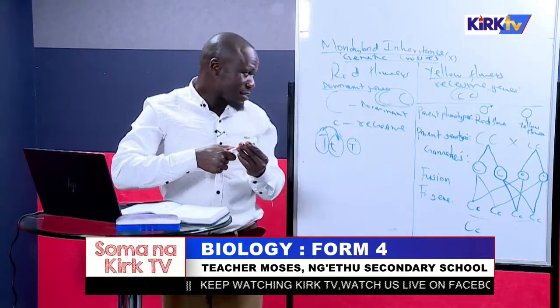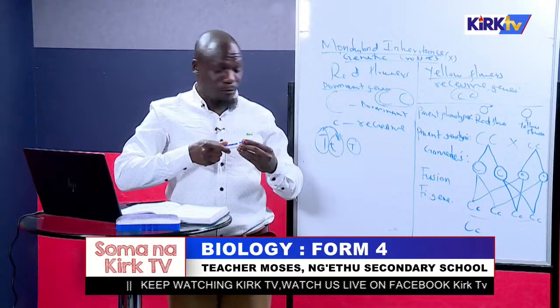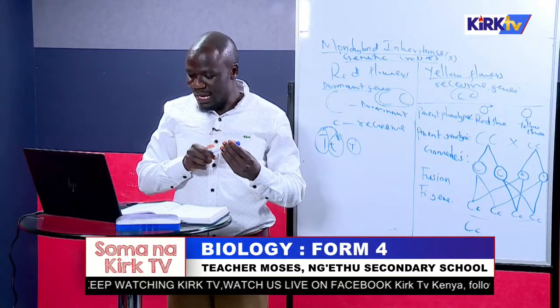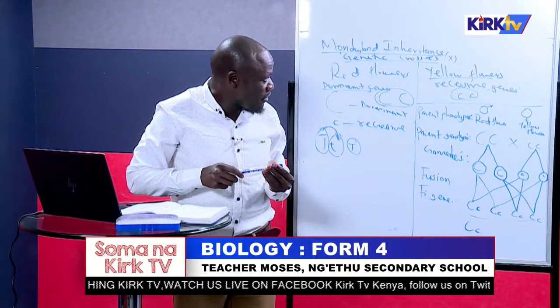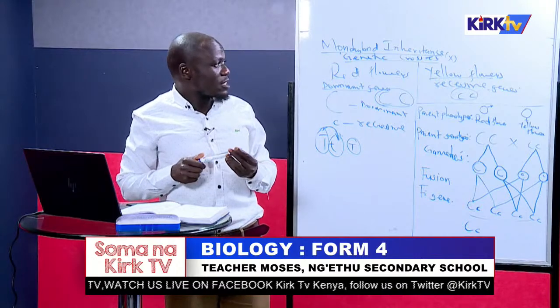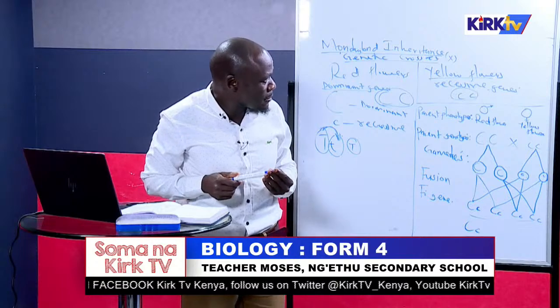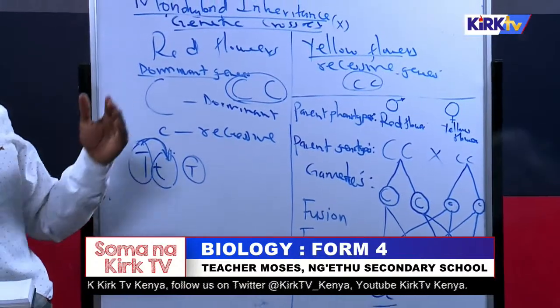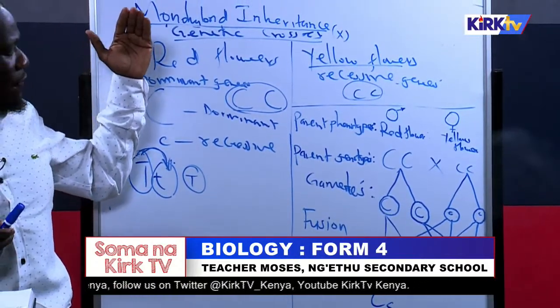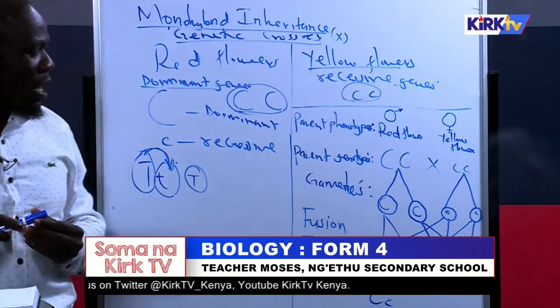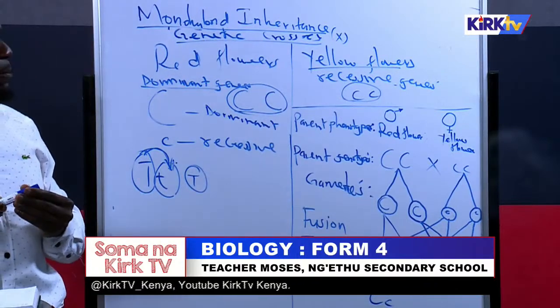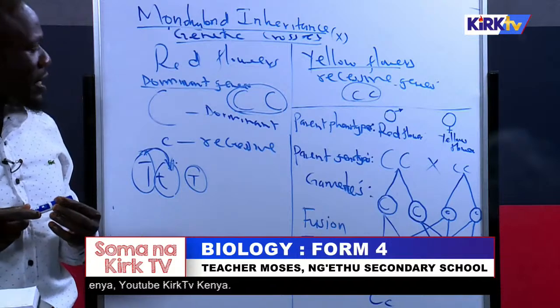I've just given the first scenario, and from whatever I've done, I think we are able to achieve our three objectives. That is, we were to define what is monohybrid inheritance, we were to differentiate between phenotype and genotype, and we were supposed to represent the genetic crosses.